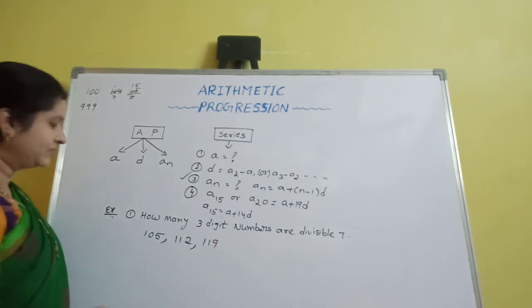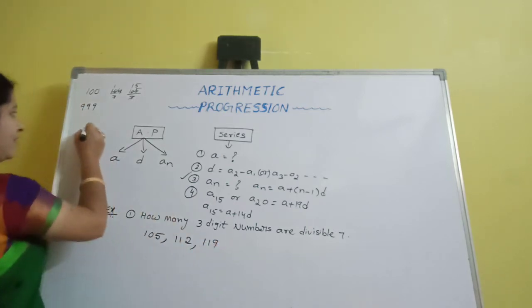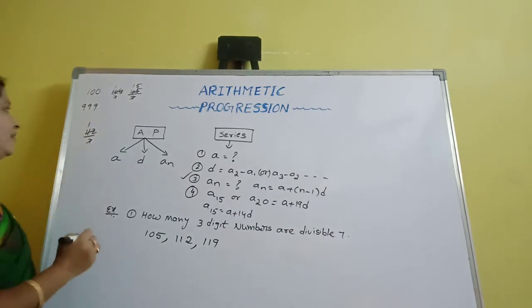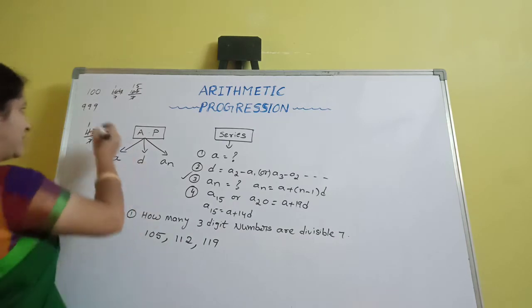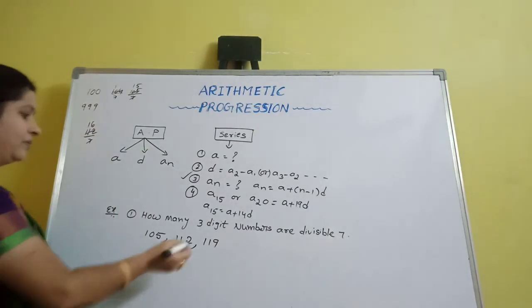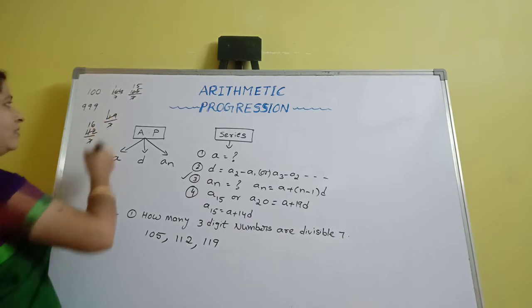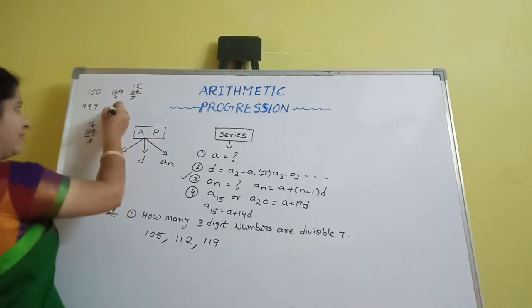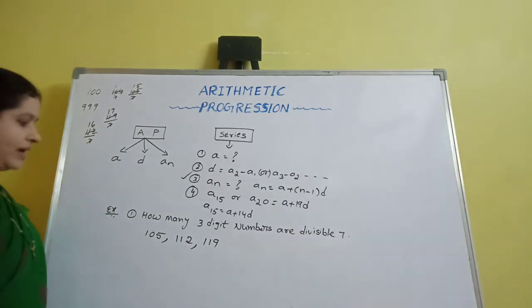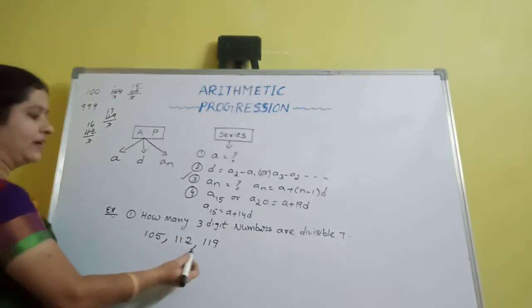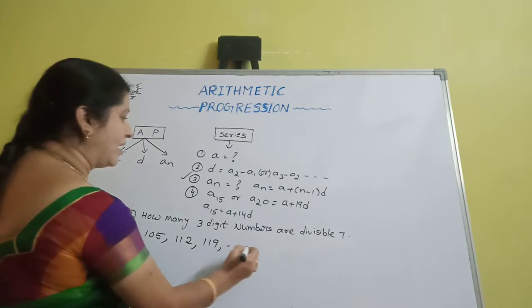Is it divisible by 7? 112: 7 ones are 7, remaining 4, 42, 7 sixes are 42. 119: 7 ones are 7, 49 remaining, 7 sevens are 49. Okay. So the divisible-by-7 numbers are 105, 112, 119, etc.